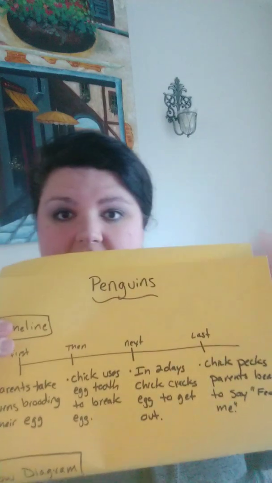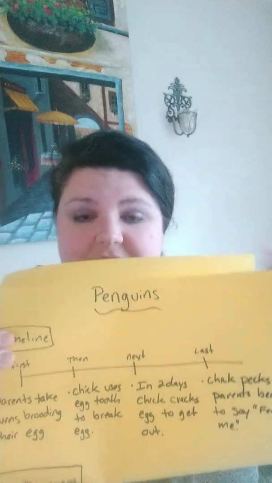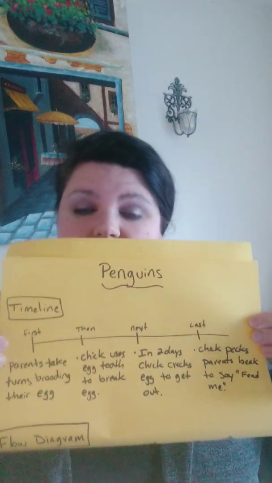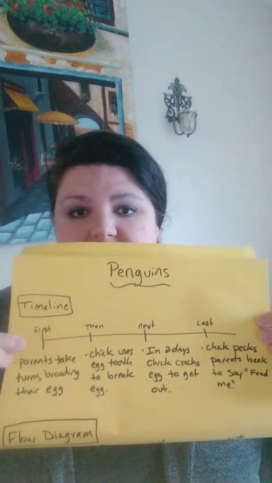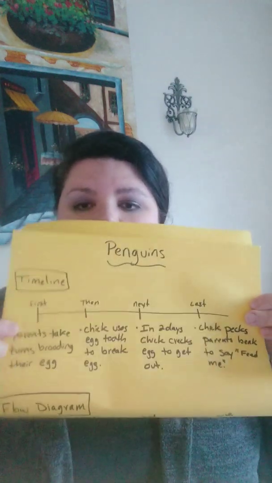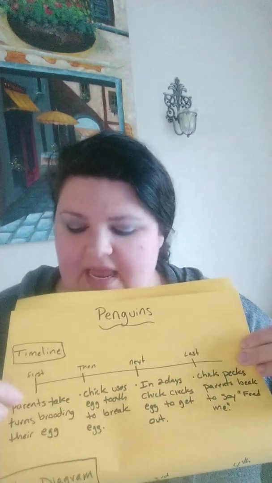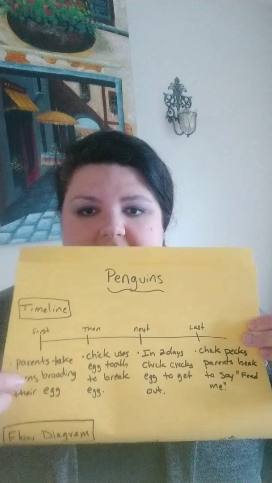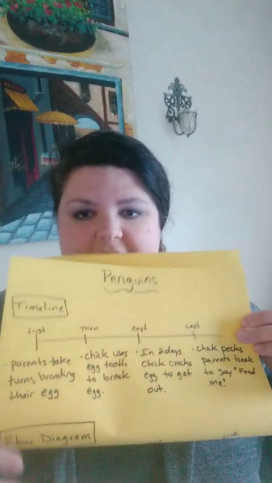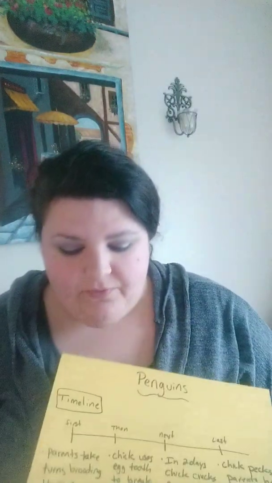So I was able to take the information from our informational text and I was able to create a timeline from what happens first all the way to the end. I put just the key points. You can see I didn't do full huge sentences. I just put key ideas and I wrote them out across the timeline. Okay? We know that the other form of a graphic organizer is what?